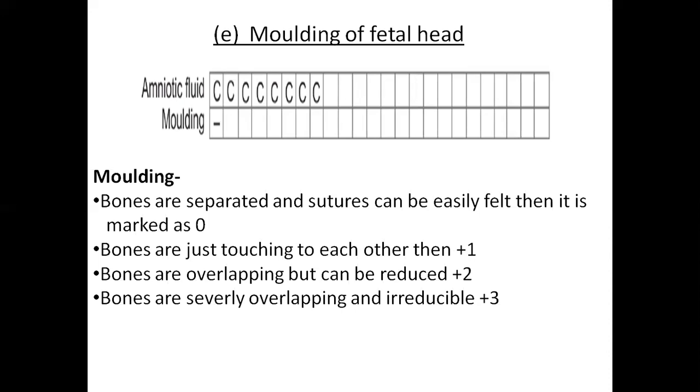And when bones are just touching each other, it is marked as +1. And when bones are overlapping but can be reduced, it is marked as +2. And when the bones are severely overlapping and irreducible, we mark +3 of the score.